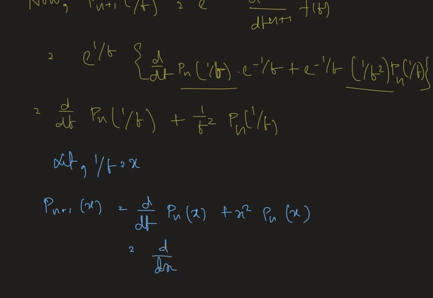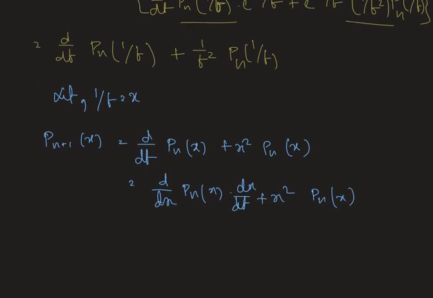Now we can write d/dt Pn(x) as d/dx Pn(x) times dx/dt, plus x square Pn(x). Now dx/dt equals minus 1 by t square, which is minus x square. Therefore we get minus x square d/dx Pn(x) plus x square Pn(x).